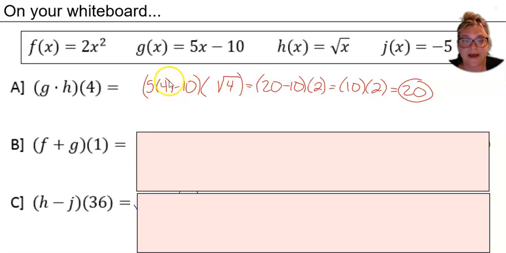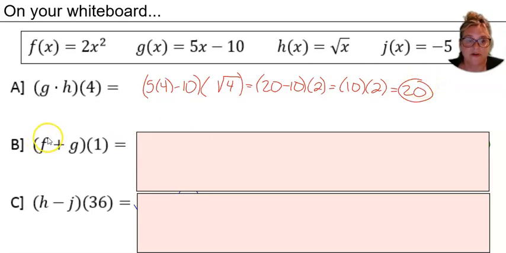Then we're going to multiply that times h of 4, and the square root is the function h. In place of the x, we put a 4. Then in our order of operations, we evaluate these parentheses. So 5 times 4 is 20, minus 10 is 10, and then the square root of 4 is 2, and 10 times 2 is 20.